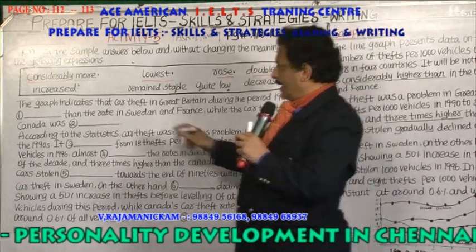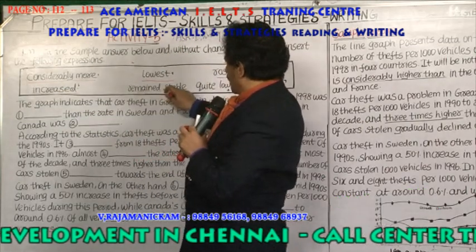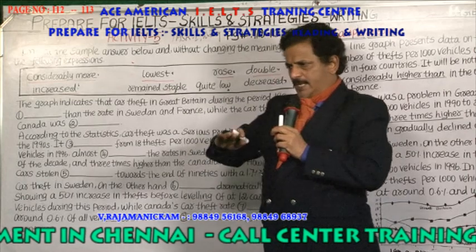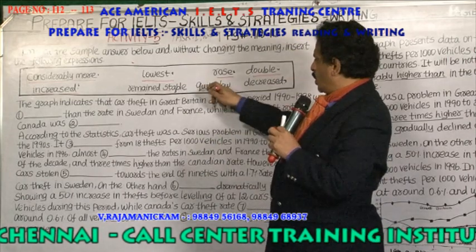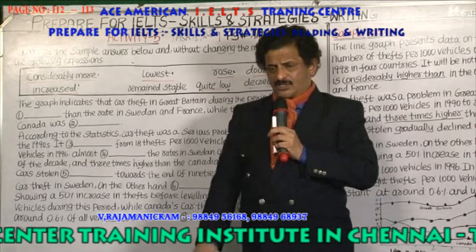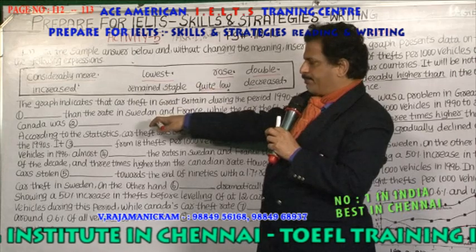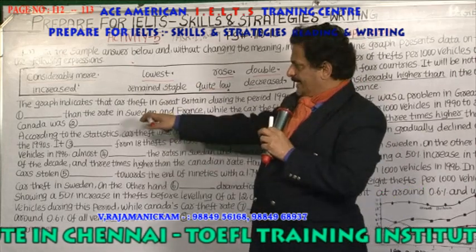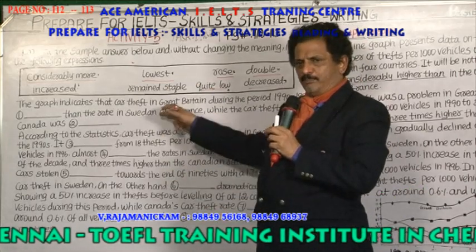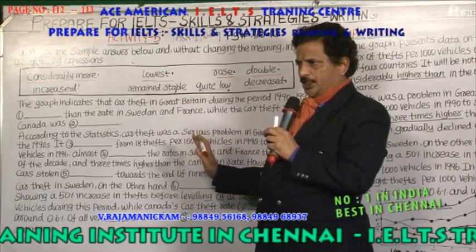Double, increased. Remain stable means what? Same position, it was remaining. Quite low, it is very low. It is decreased. It has decreased, it has gone down. So you have to use these words in the bracket or in the dash or fill in the blank using these words. But the meaning shouldn't change.